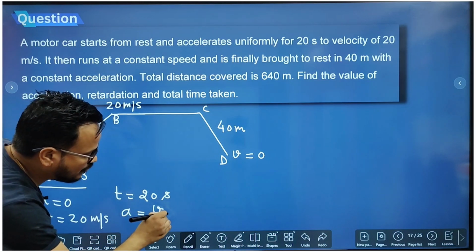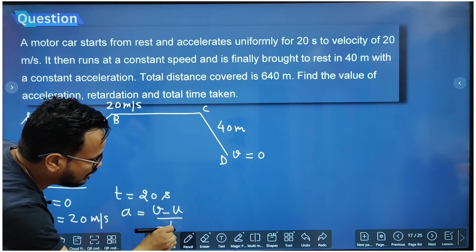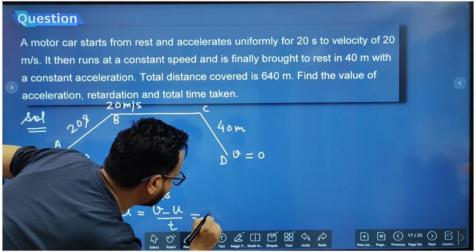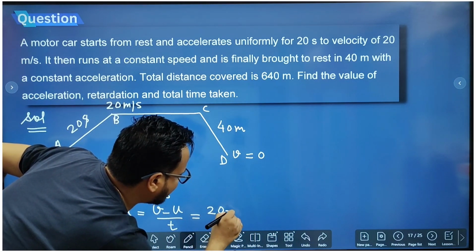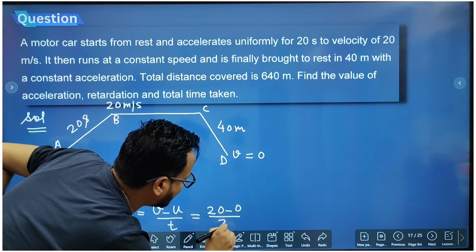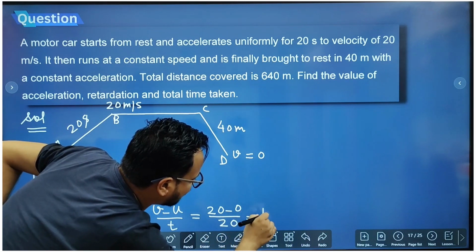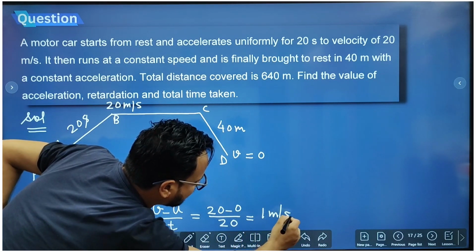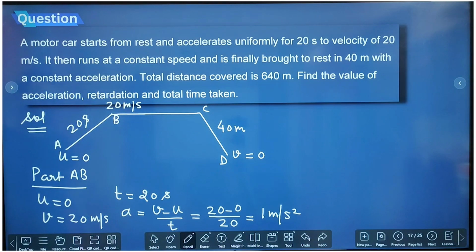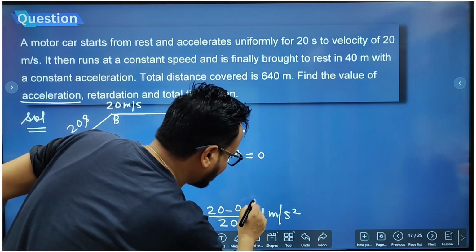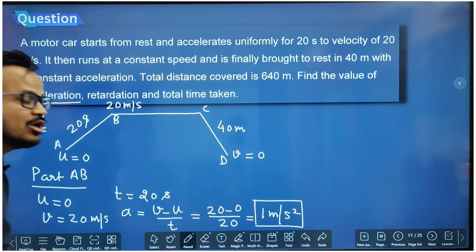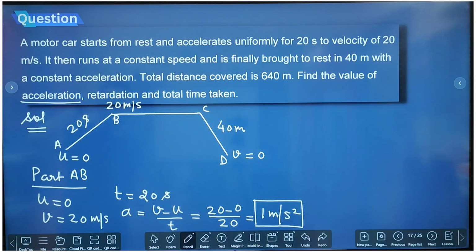Acceleration is v minus u divided by t, that is 20 minus 0 divided by 20. So acceleration for this part is 1 meter per second square. So this is the answer of the first part. Acceleration is 1 meter per second square.